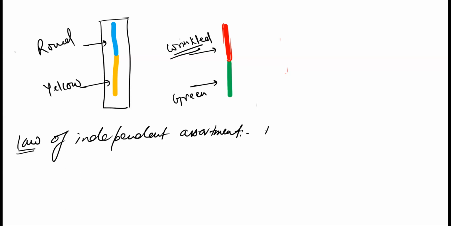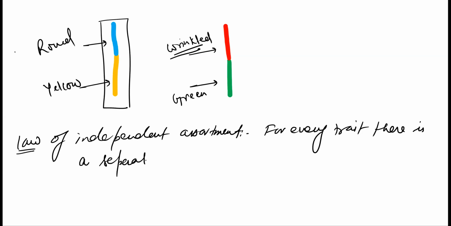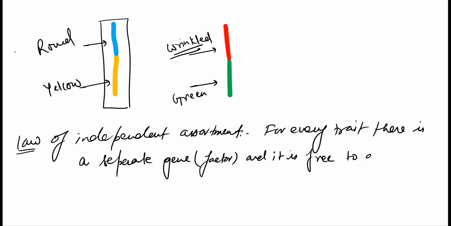It says for every trait there is a separate gene, or we call it a factor, and it is free to assort itself independently.